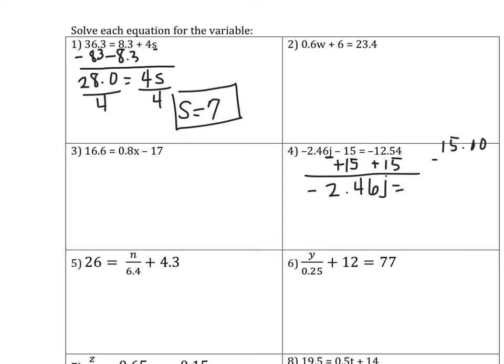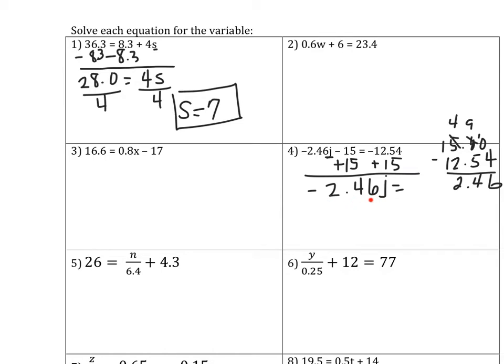So let's do it this way, 15.00 minus 12.54. It's going to be 2.46, and so that will be negative 2.46j equals 2.46. So we still want to get j by itself.